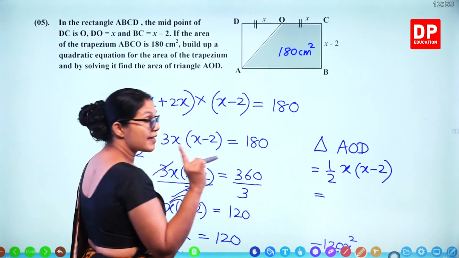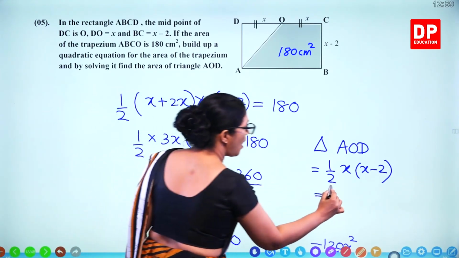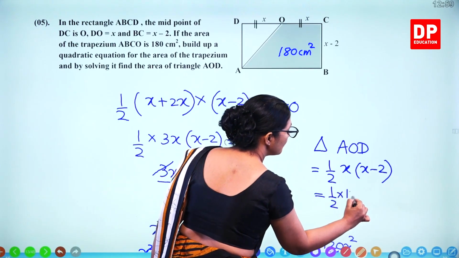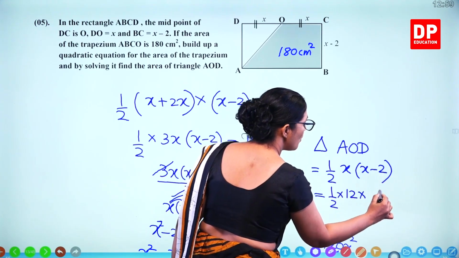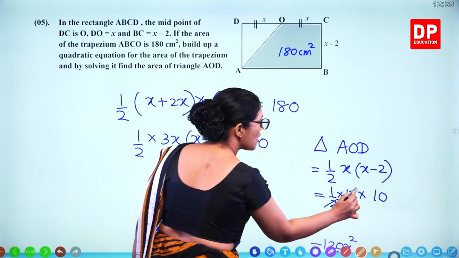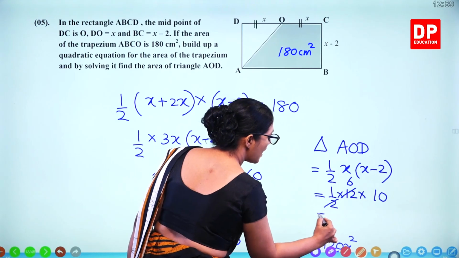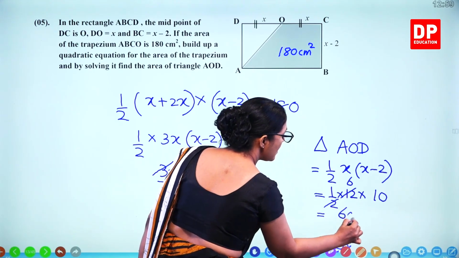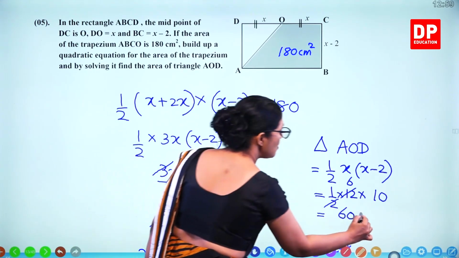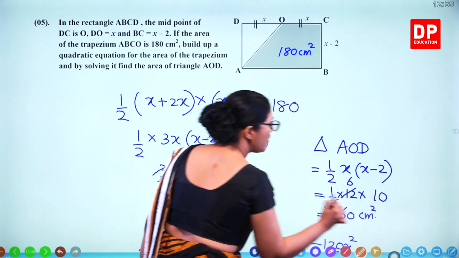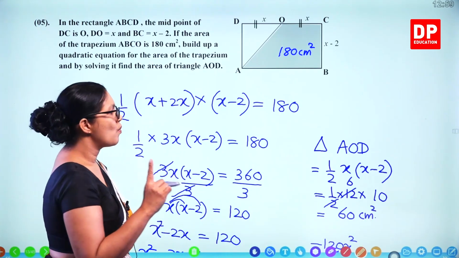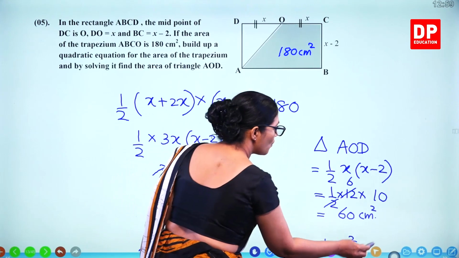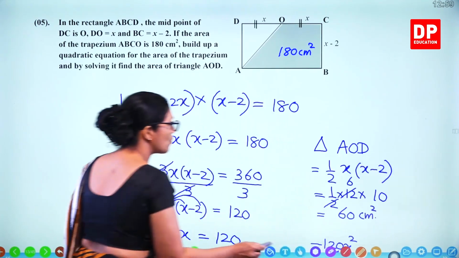But we found x is 12. Half into 12, 12 minus 2, that's 10. So 2 times 6, 6 times 10, that's 60 square centimeters is the area of the triangle AOD. So you get 10 marks for the whole question.